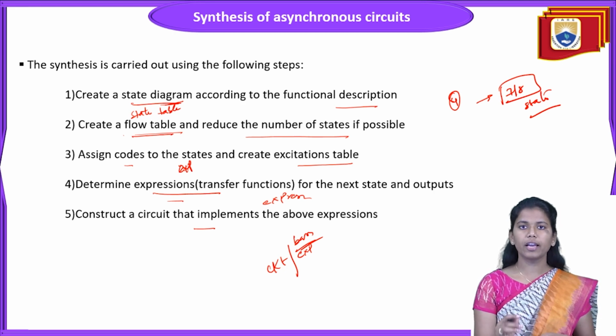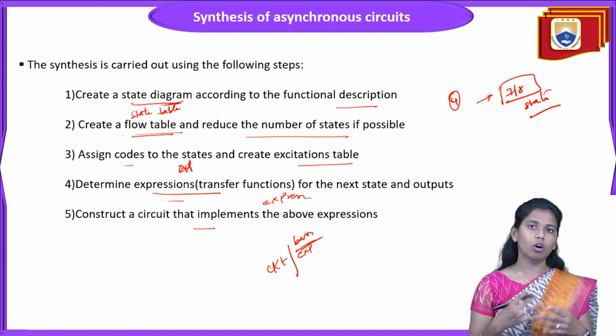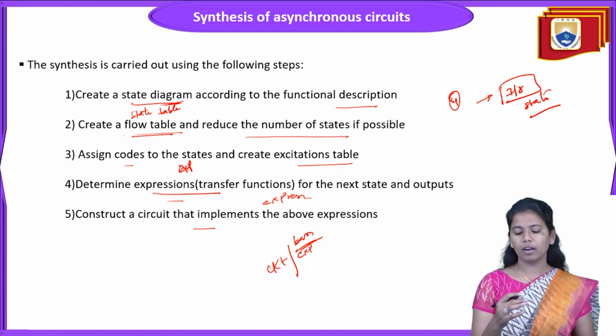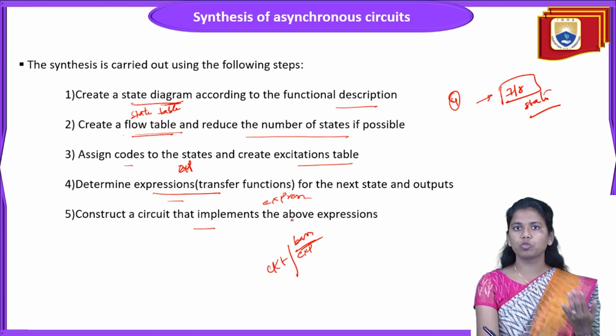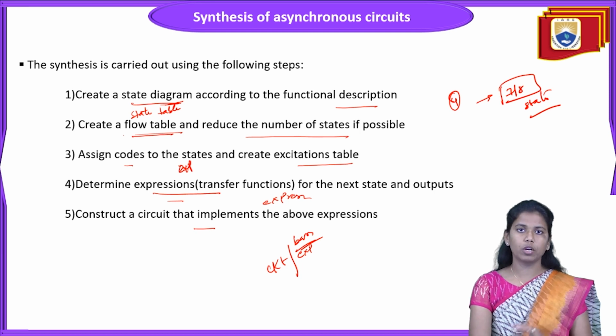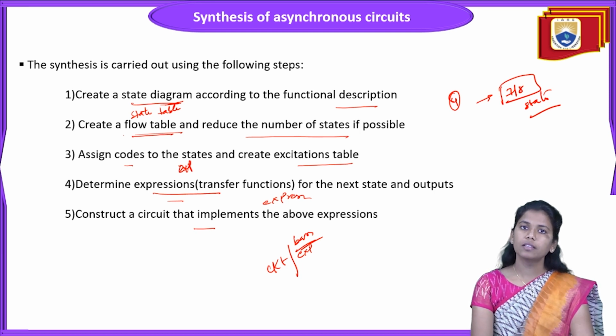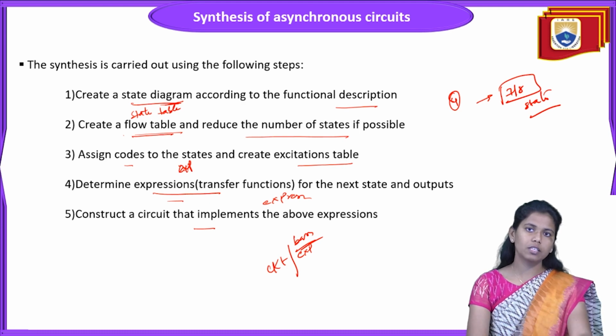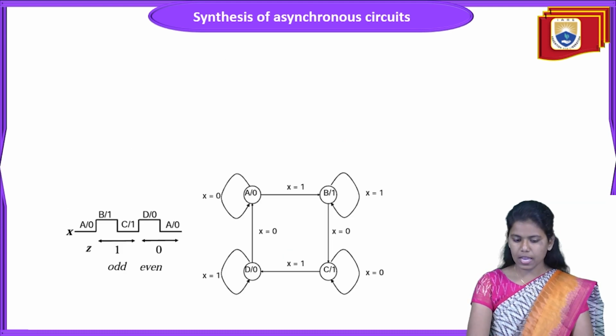The circuit diagram consists of all the gates with respect to the expressions that you got previously. Step 5 follows step 4. So all the steps we observe in the synthesis of asynchronous sequential circuits are the same in the synthesis of synchronous sequential circuits as well.